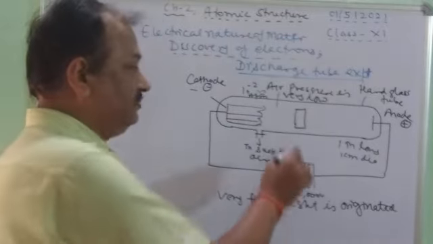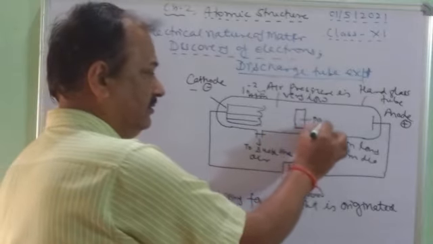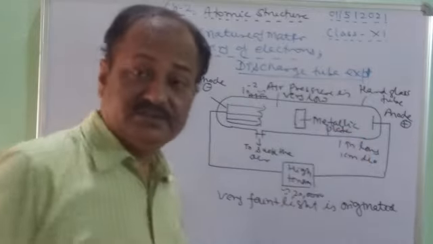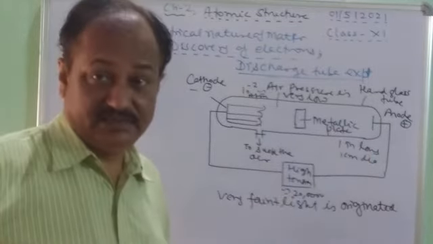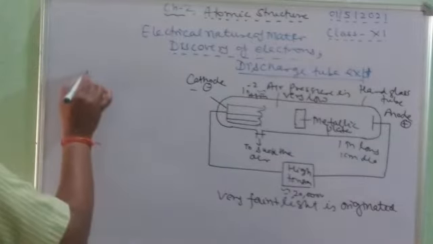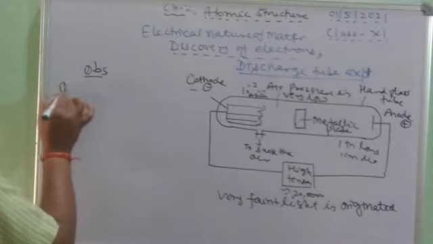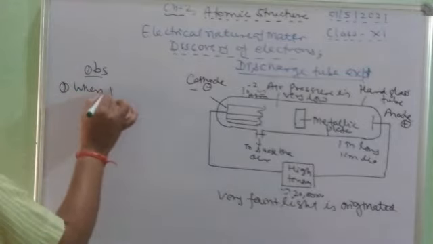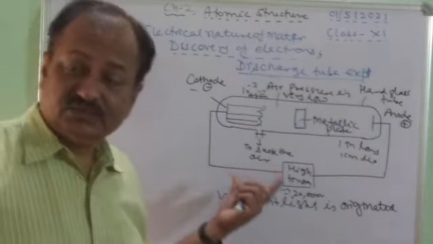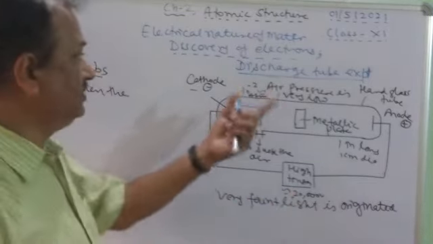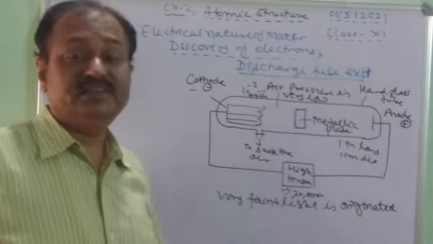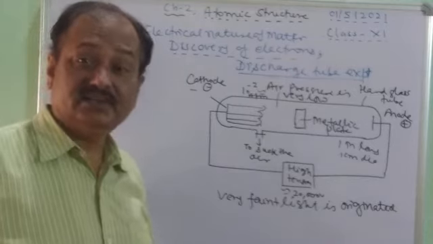These rays are actually coming from the cathode, so they are called cathode rays. Initially they were called cathode rays, later on they were called electrons.